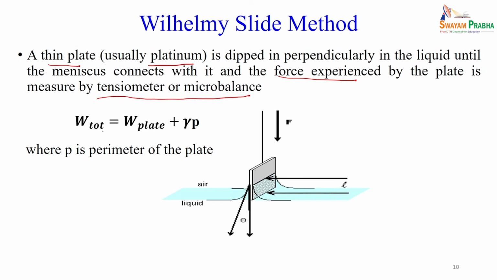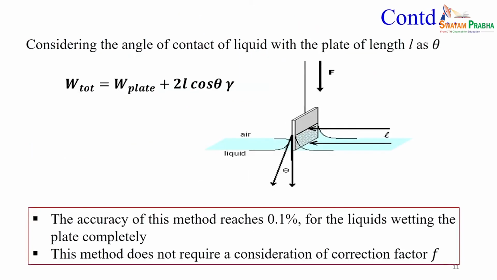So, W total will be the weight of the plate plus the additional weight coming because of the surface tension. Surface tension into, of course, the perimeter of that particular plate which is being used for this experiment. So, once you pull the liquid out, you can see there is a formation of a certain angle here, at which it is pulling it out.